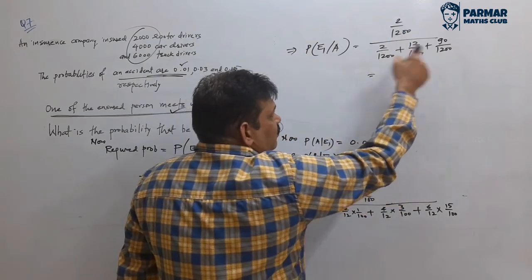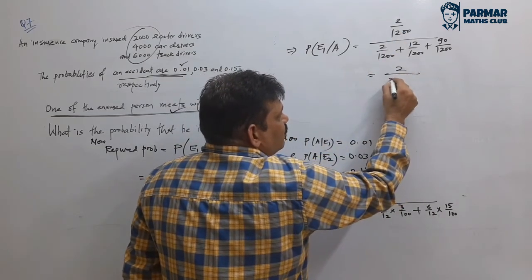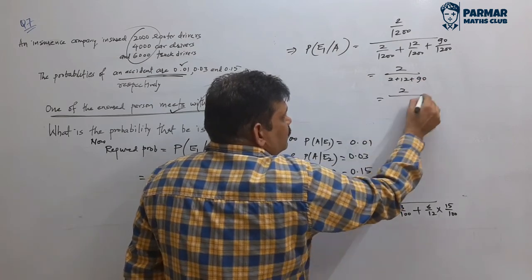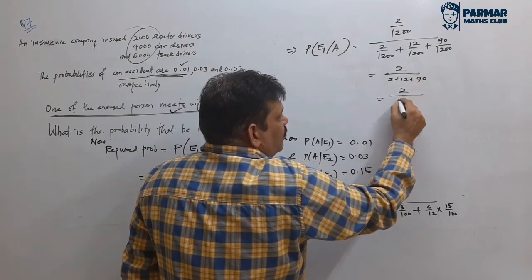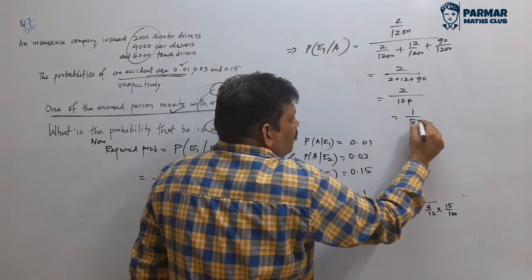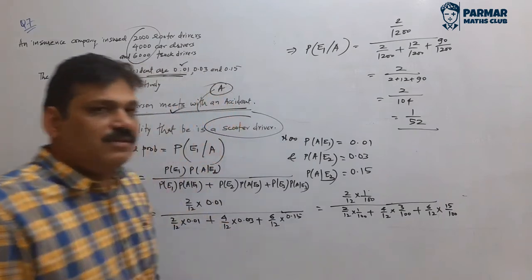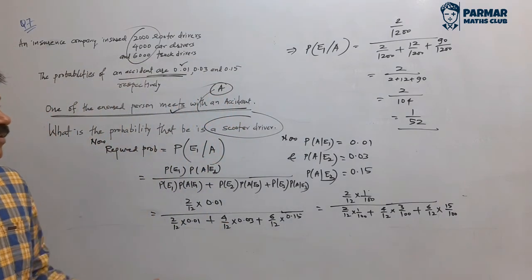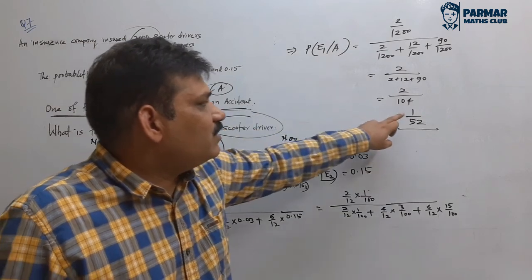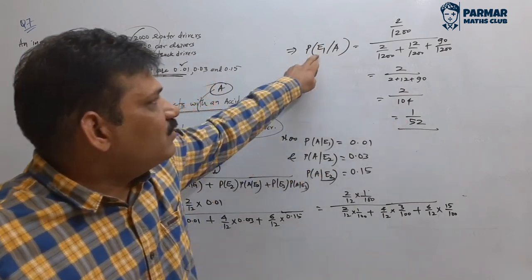So you cancel 1200 after taking the LCM. 2 upon 2 plus 12 plus 90, that is 2 upon 104, that is 1 upon 52. That is the answer. That is the required probability. If the accident has taken place, the probability is 1 by 52 that the driver is a scooter driver.